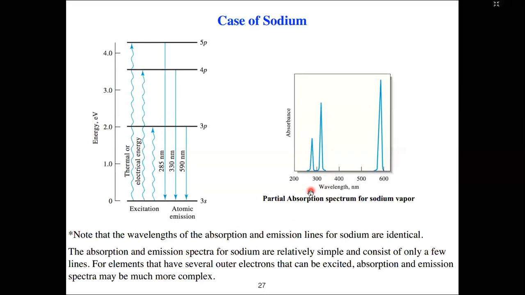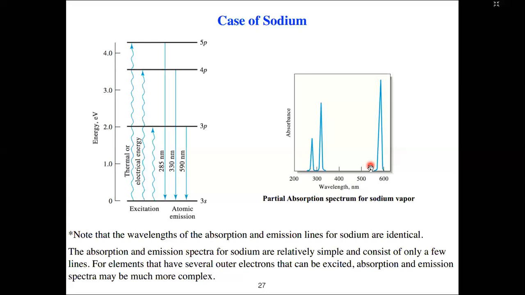Now, for example, if you want to detect whether you have sodium in your sample or not, you obtain the atomic absorption spectrum or atomic emission spectrum and compare it with the standard sodium spectrum. If the spectrum for the sample has a similar height ratio at the same wavelengths, then it will confirm that your sample has sodium in it.